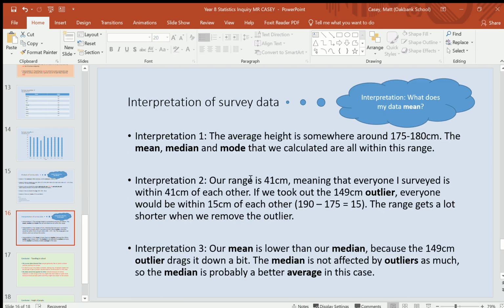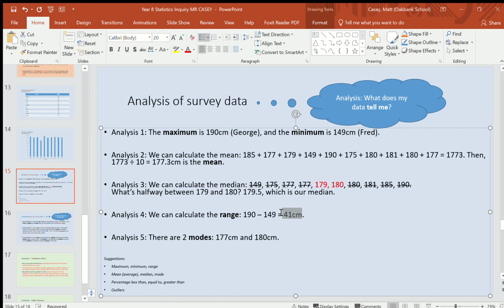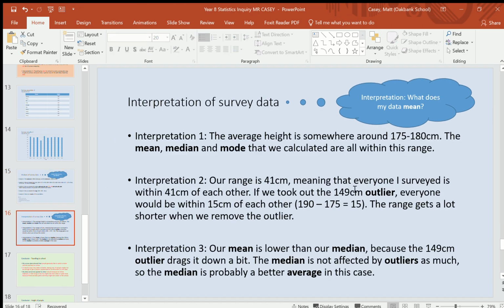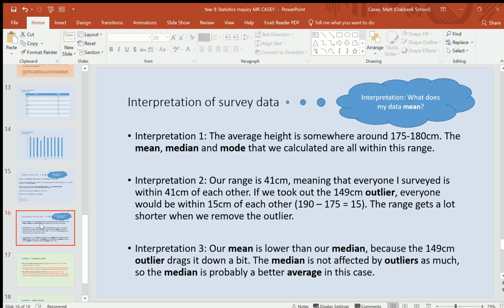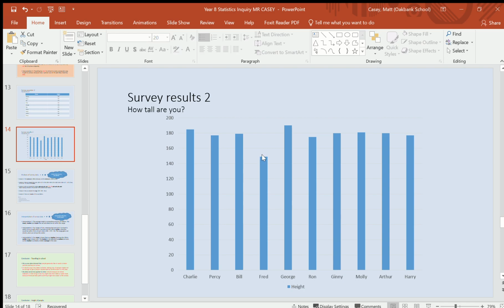So our range is 41 centimeters. We figured that out from our analysis down here. So everyone that I surveyed is within 41 centimeters of each other. But this 149 centimeters is an outlier because it's just way lower than everyone else, isn't it?